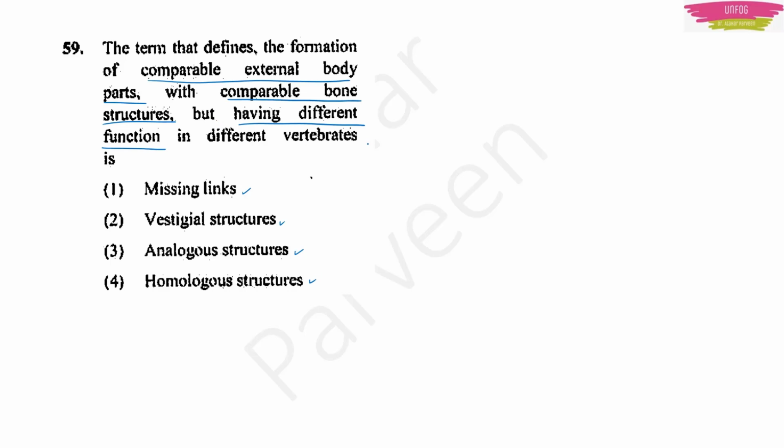Now he's talking about those external body parts which have comparable or similar bone structures, but the functions of those bone structures are different. So such structures are called as the homologous structures.